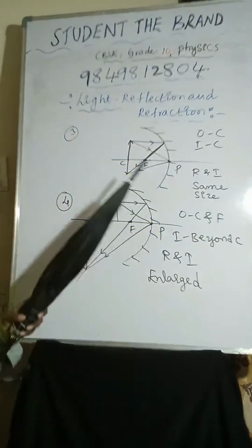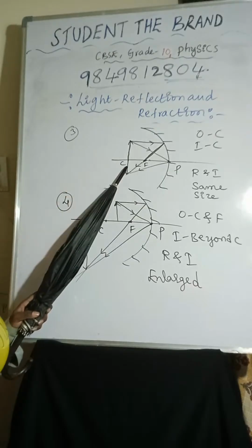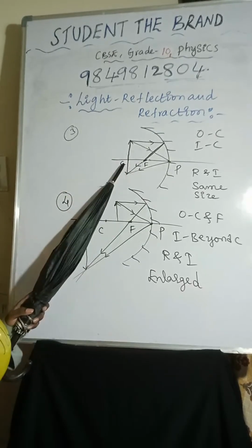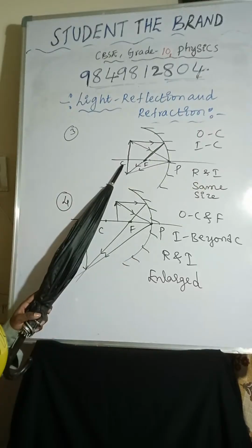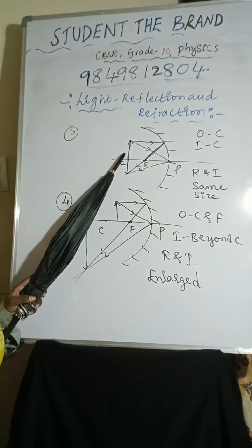Here object is placed at C, image is forming at C, nature of the image is real and inverted, size of the image is same size.